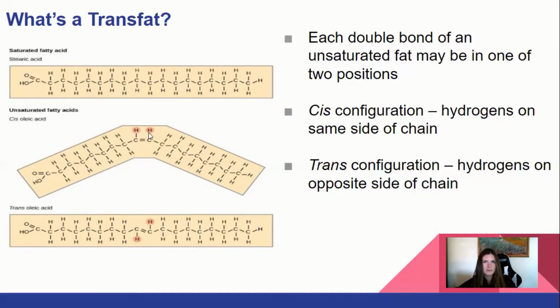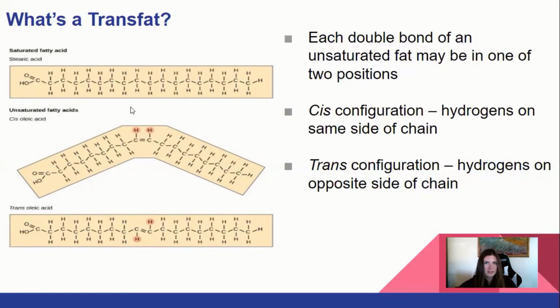Because they're on the same side, we call this a cis configuration. So this would be a cis fat. So cis fat is bent. This fat is going to be an oil. It's going to be liquid at room temperature. It's not packed as tightly. And from a health perspective, these are thought to be more healthy. So these are really your natural oils.